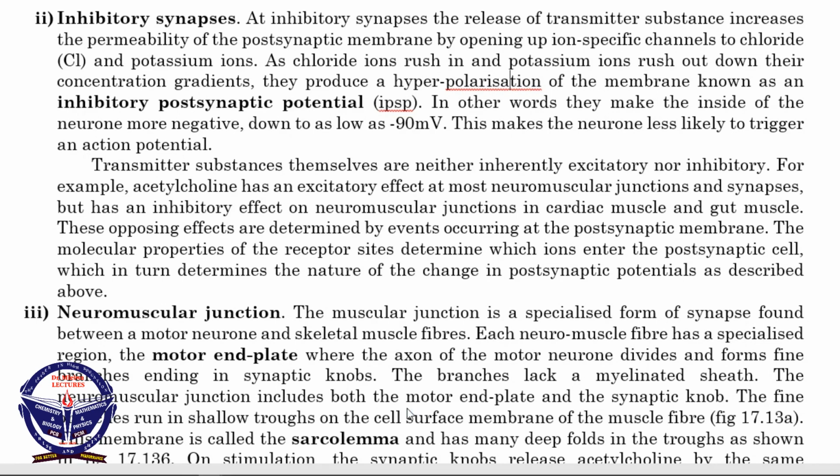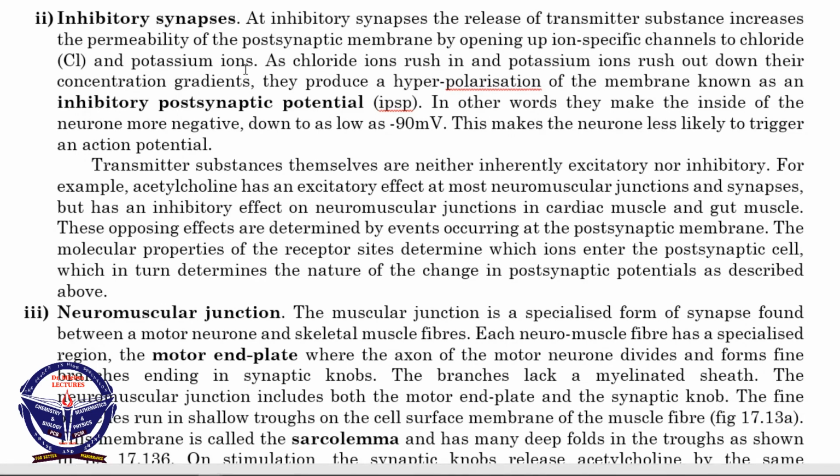So the same neurotransmitter such as acetylcholine can be excitatory in some of the synapses, and it can be inhibitory in other synapses. At inhibitory synapses, the release of transmitter substance increases the permeability of the postsynaptic membrane by opening ion-specific channels to chloride and potassium ions instead of sodium and potassium ions.